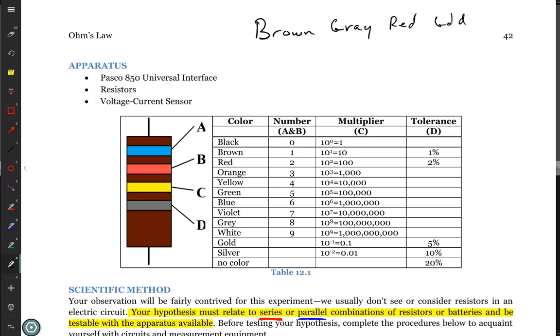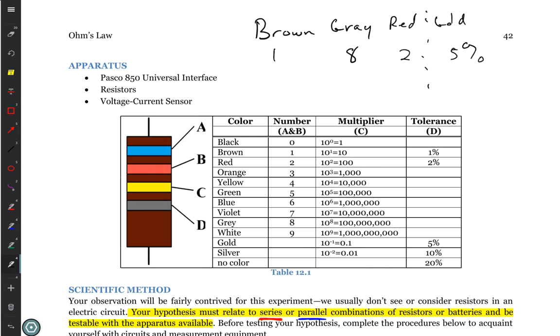Each one of these corresponds to a number. So I look at this table right here and I say brown corresponds to 1, gray corresponds to 8, red corresponds to 2, and gold corresponds to 5%. The last one is the tolerance. It tells you how accurate you are.